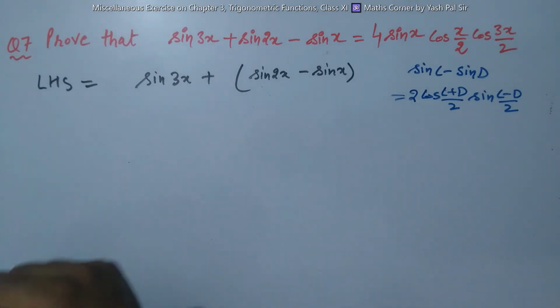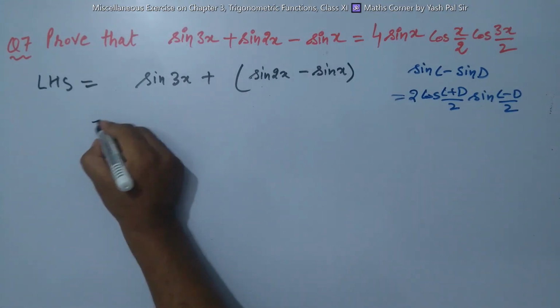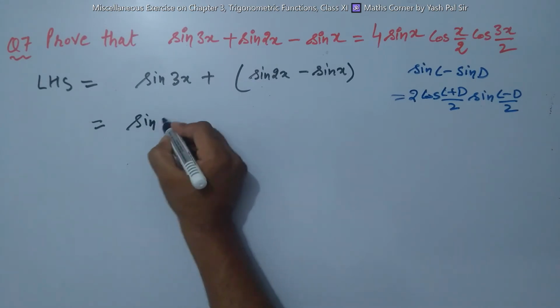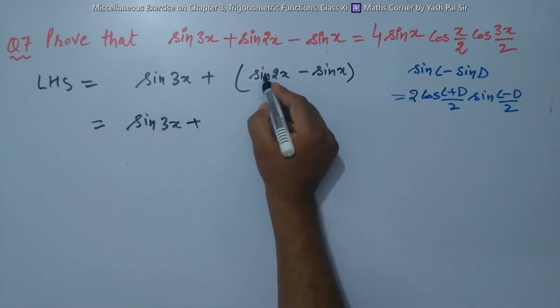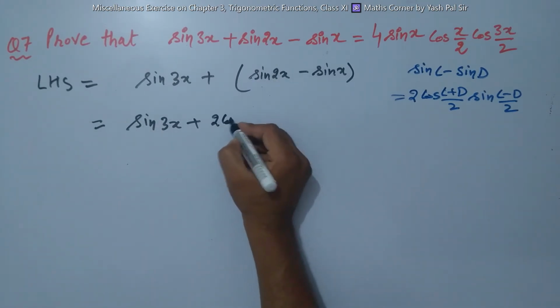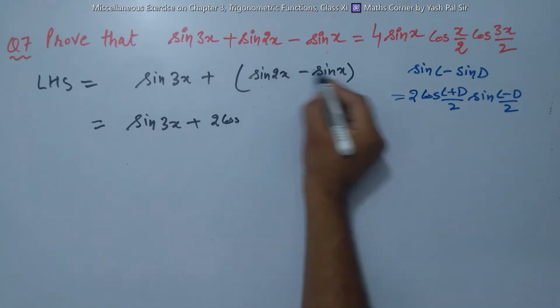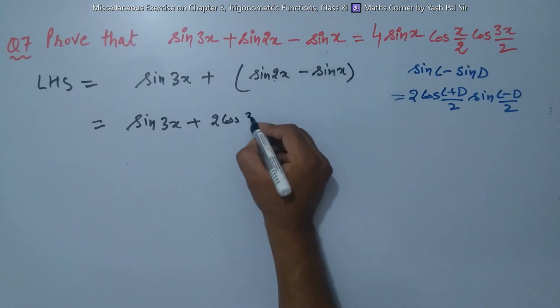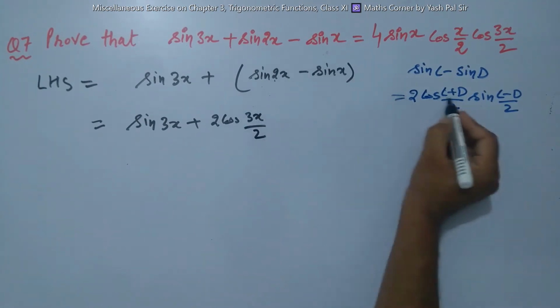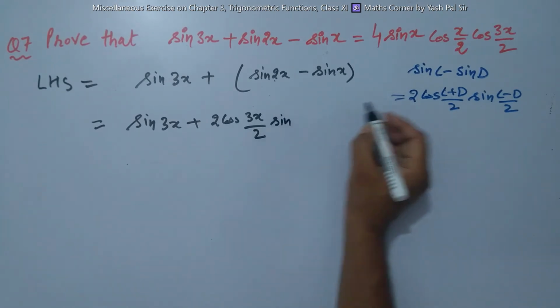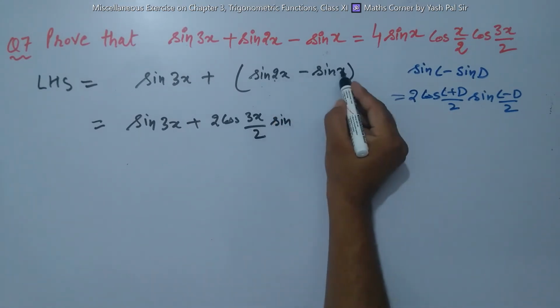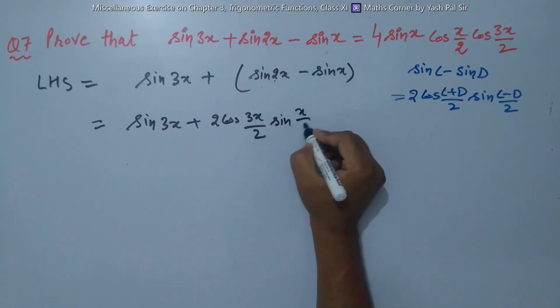So applying this here, we have sin of 3x plus, this becomes 2 cos (C plus D)/2, 2 plus 1, 3x upon 2, into sin (C minus D)/2, 2x minus 1x, x upon 2.